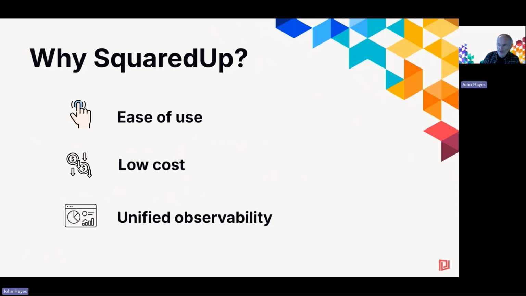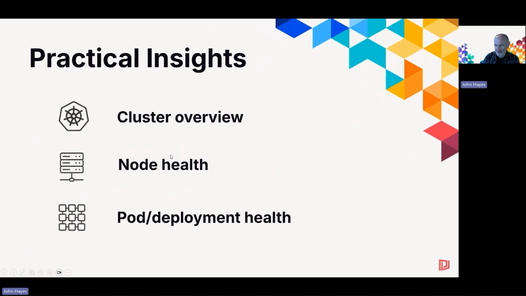There are a lot of different aspects to Kubernetes observability, and you can get very technical and go into a lot of very fine detail. As this is just a short session, I'm going to concentrate on three features of the SquaredUp approach.